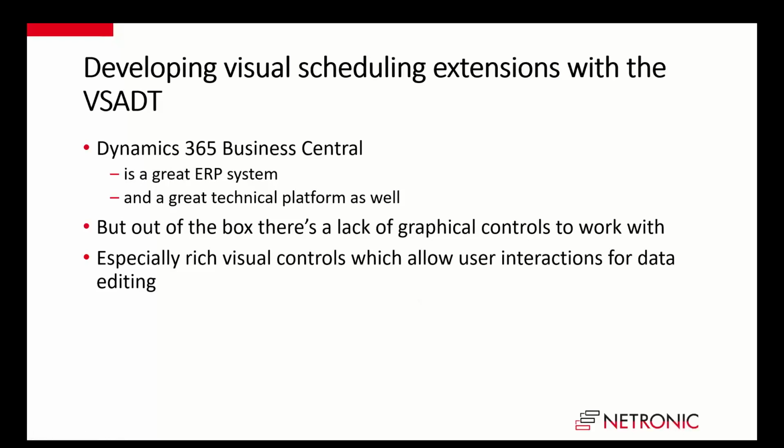Dynamics 365 Business Central is probably for all of us a great ERP system and a really great technical platform as well to build applications on. But out of the box, there's a lack of graphical controls to work with, especially rich visual controls which allow user interactions for data editing.